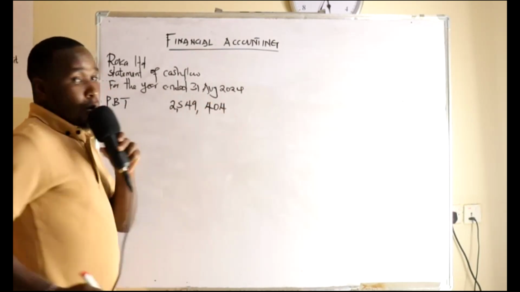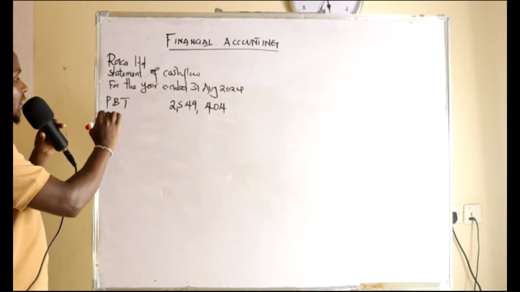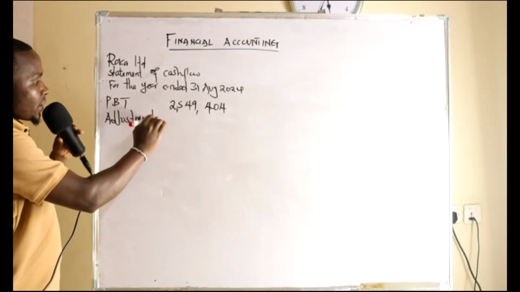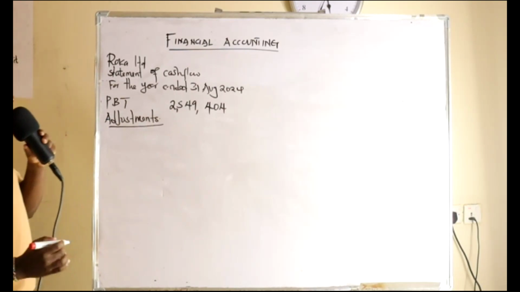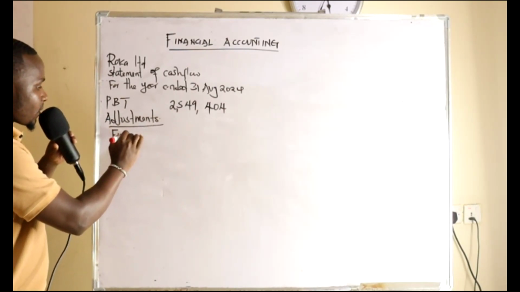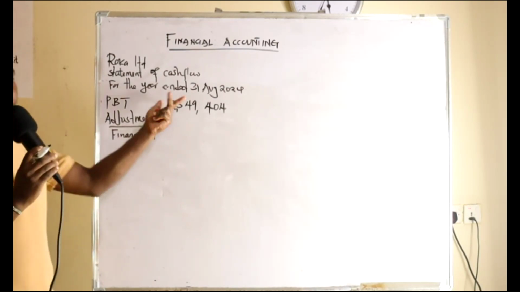What do we adjust here? We adjust non-cash items. One of the non-cash items is finance cost. We add back the finance cost here.